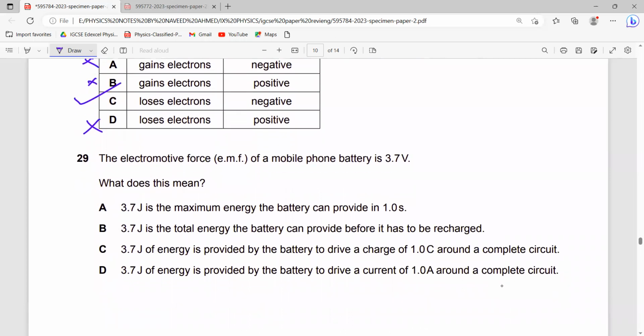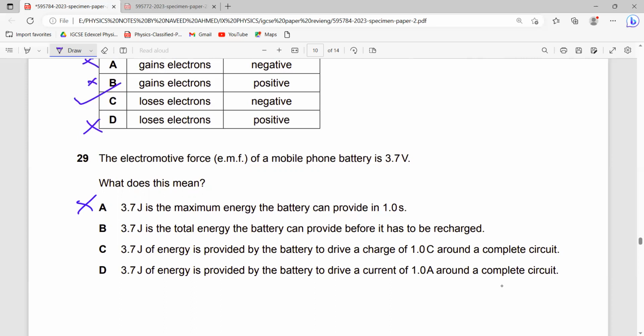In question number 29, the electromotive force of a mobile phone battery is 3.7 volts. What does this mean? Option A, 3.7 joules is the maximum energy the battery can provide. No, we have to see the definition of EMF. The electromotive force is the amount of energy supplied by the battery to move 1 coulomb of charge around the complete circuit.